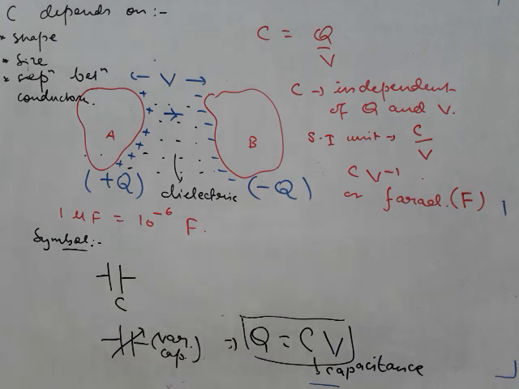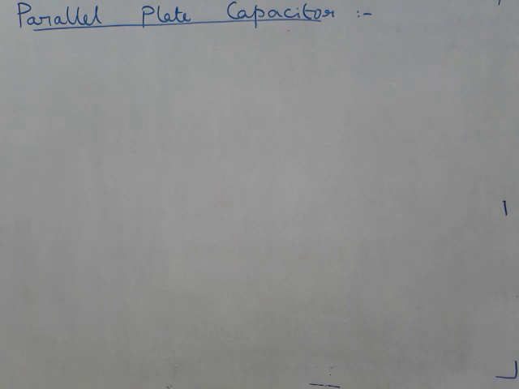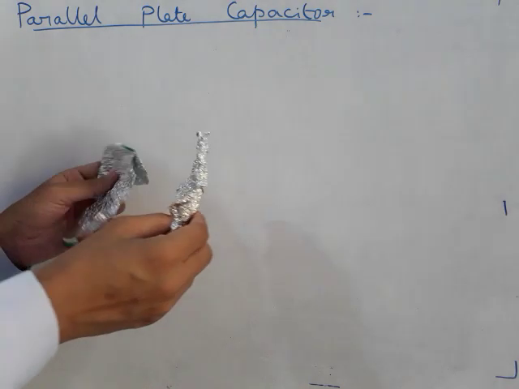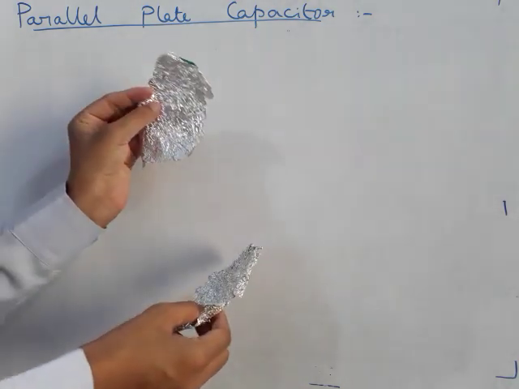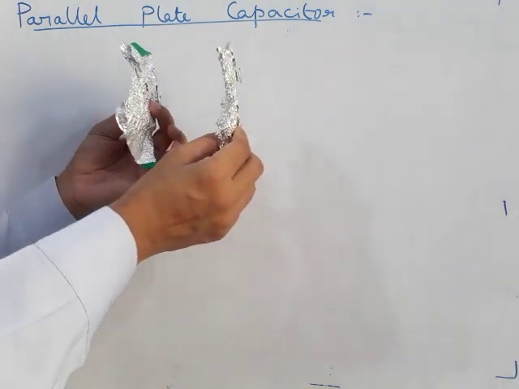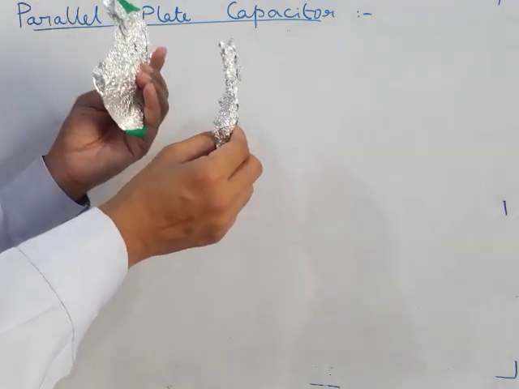The first topic under capacitors that I would like to discuss today is the parallel plate capacitor. As I have discussed, a capacitor includes a pair of conductors. You can see students, like this. This is an aluminum foil, this is also an aluminum foil. Basically this is what we refer to as a parallel plate capacitor.